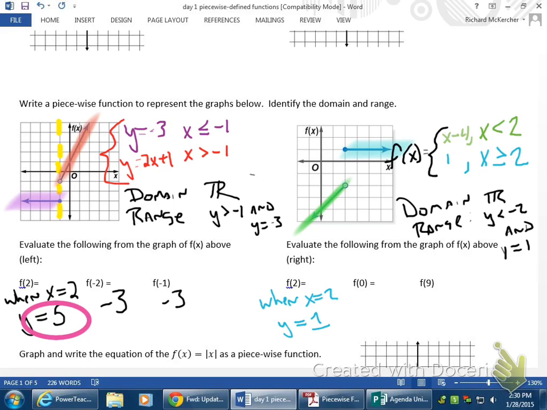When x is +2 right here, then I'm on the blue graph, so y is going to equal 1.